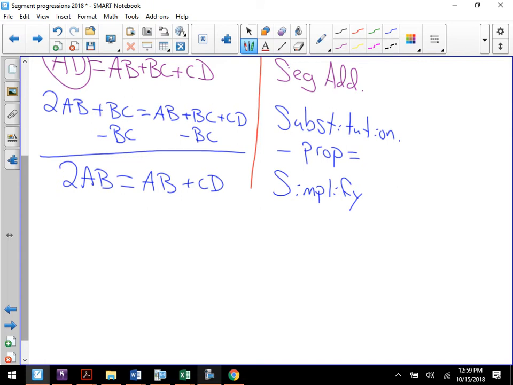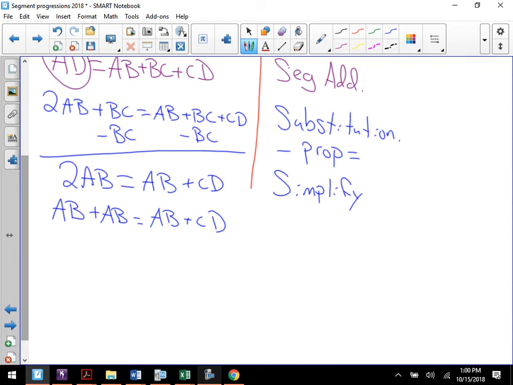Multiplication is what? It's repeated addition, right? Okay. So what could I rewrite that 2AB as? Guys, when you rewrite it, it's just definition of multiplication.